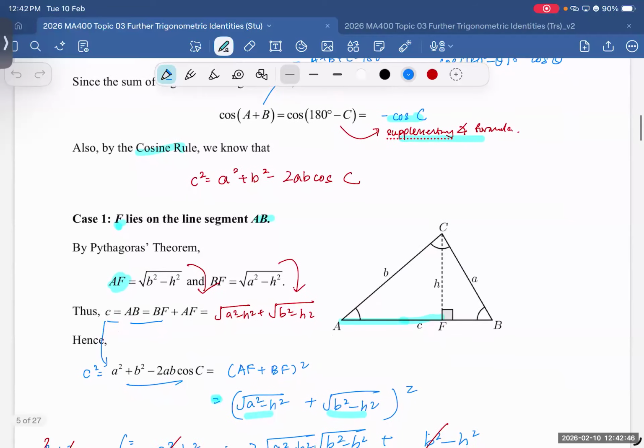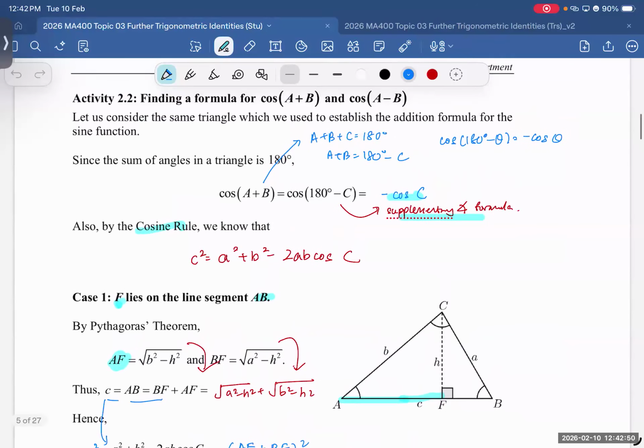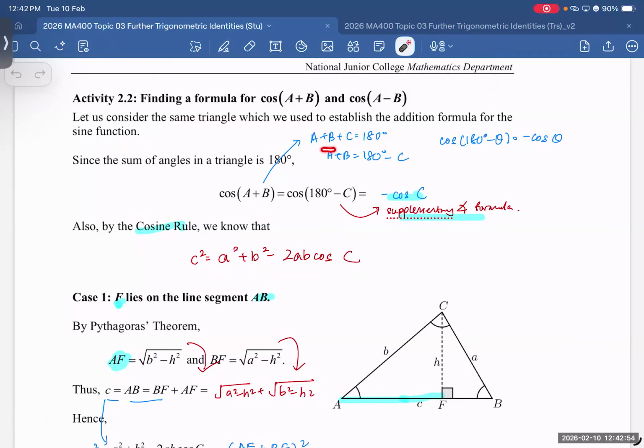Now, after which we look at cosine. So cosine rule is basically we were trying to prove cosine rule, right? If you remember yesterday, I was talking about the derivative that a plus b plus c is 180. Now because a, b, and c is 180, it means that a plus b equals 180 minus c.